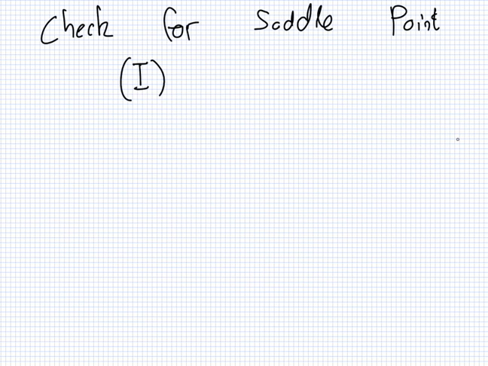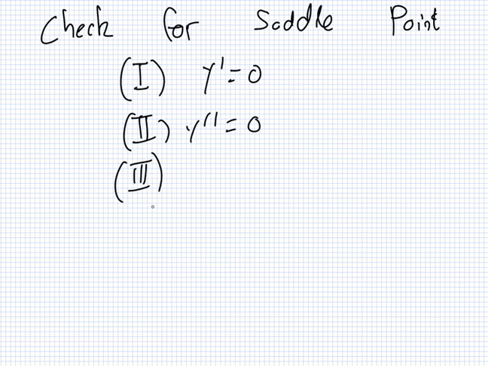So in the situation when the first derivative equals 0 and the second derivative equals 0, you may have a saddle point. If this happens, you need to check if you have it. So there's one more thing to check. Let me just say, by the way, that this is at, let's call the point x0, whatever point it is.